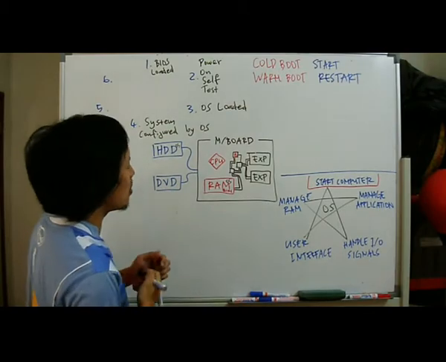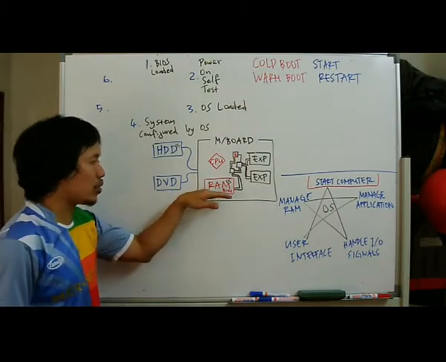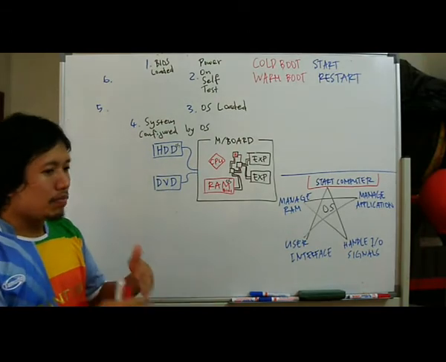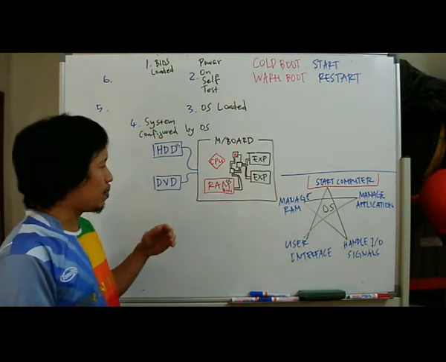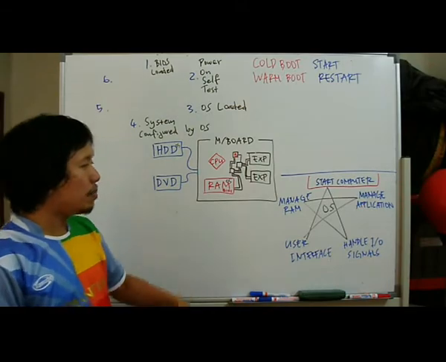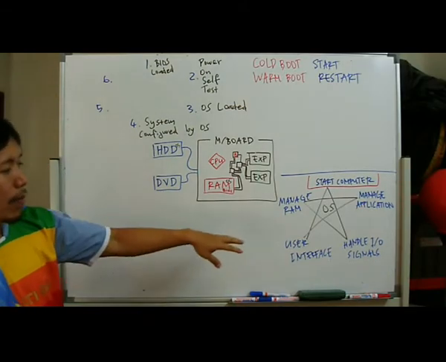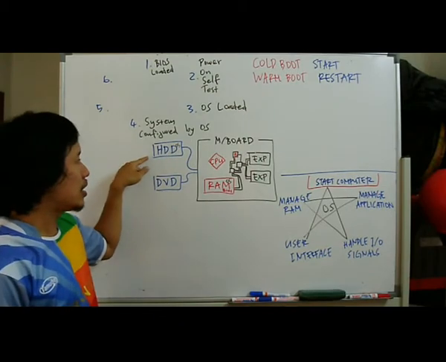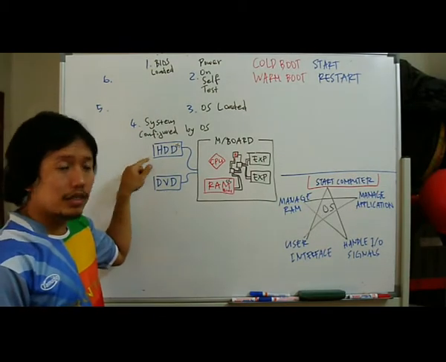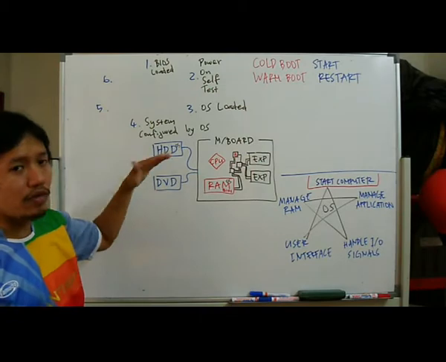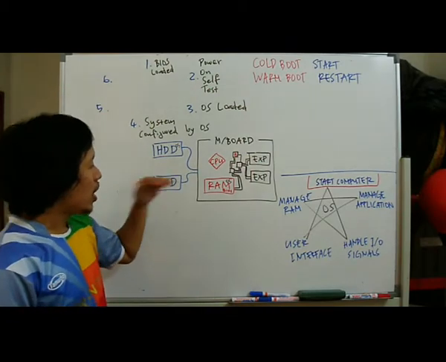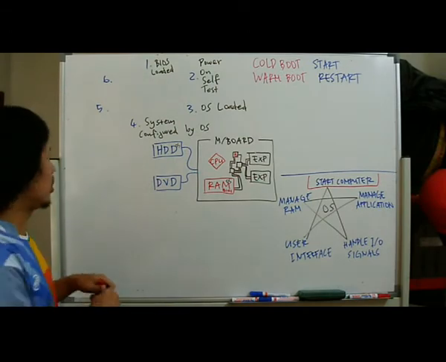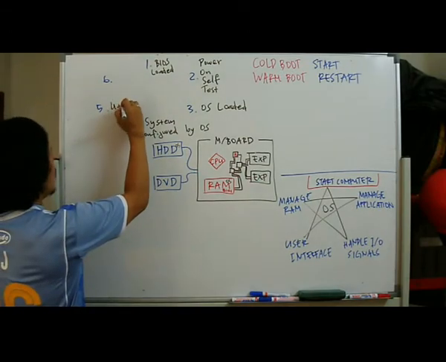right? So this is done by the OS, meaning once OS gets into the RAM, OS will then check, okay, do I have all of these device drivers, is all the system software in place, all the applications that have been installed before, is it in the correct sector and clusters, right? So OS will configure the system. All of this needs to be done by the OS. If everything is okay, then utilities will be loaded.